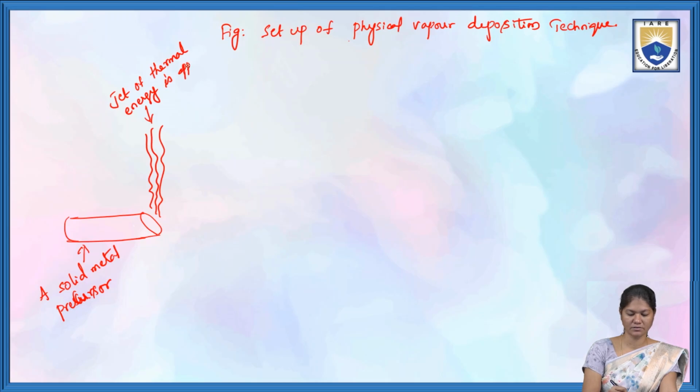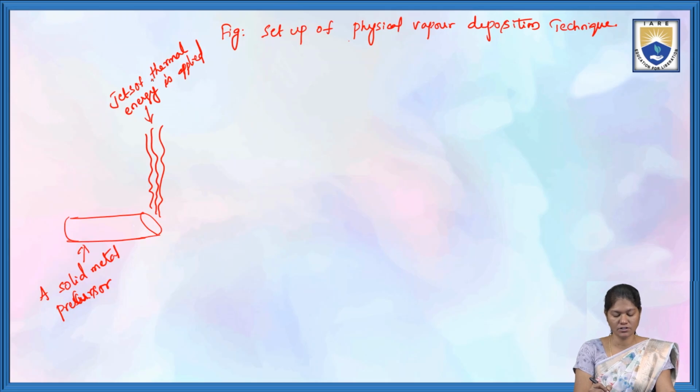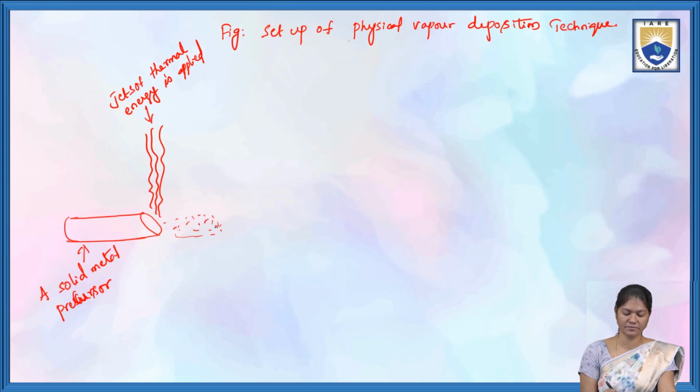When the jets of thermal energy are applied to the solid metal precursor, it is converted into vapor state. So vapor phase is formed.